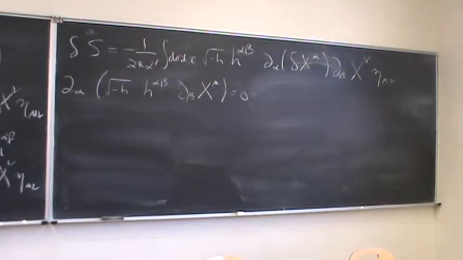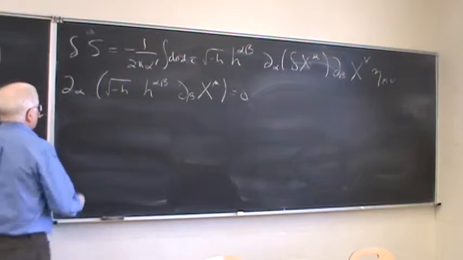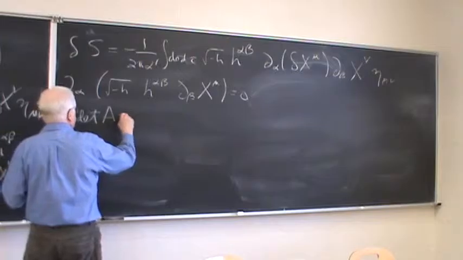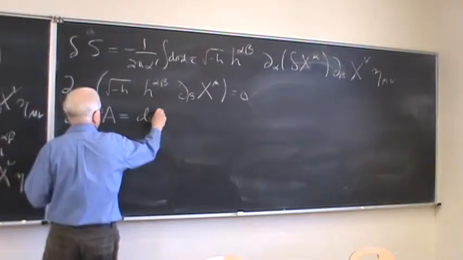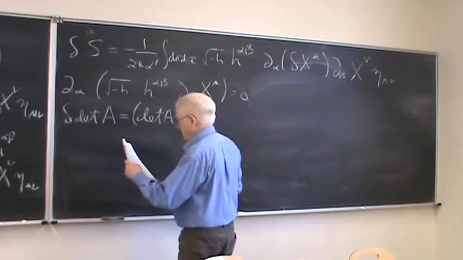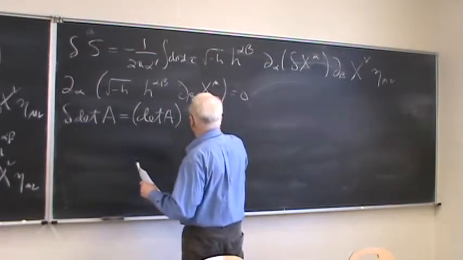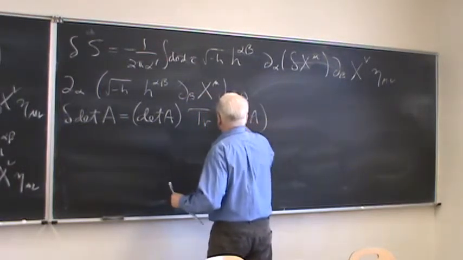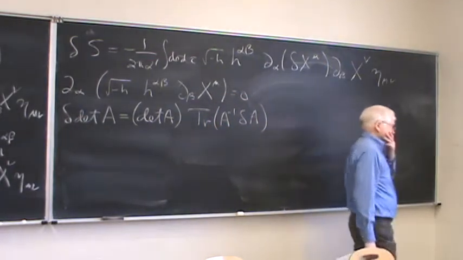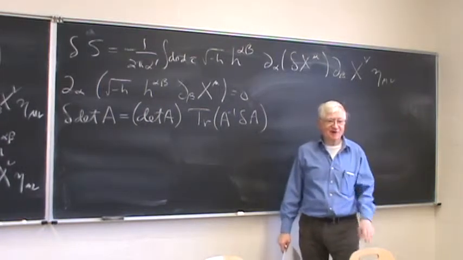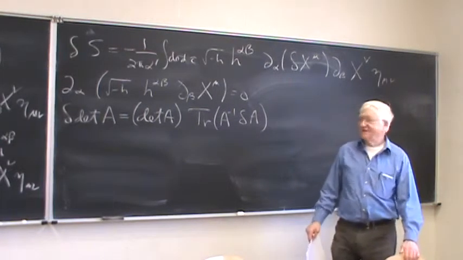Now, in order to vary the metric, one uses this trick, and I'm going to mention it because it's a famous trick that we all ought to know about. I remember I was a first-year graduate student when Schwinger mentioned this, just parenthetically while using it in a derivation.